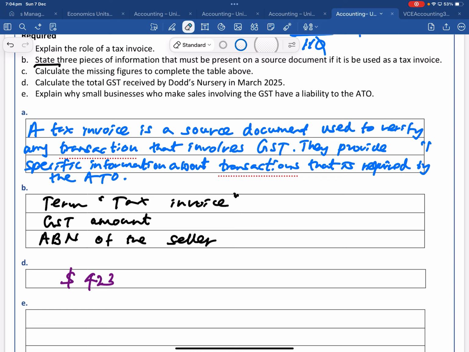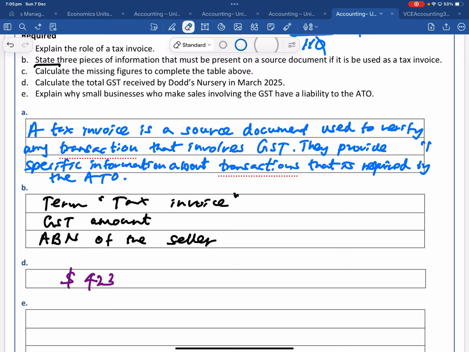than an obligation? When you make sales, you collect GST. So after the sales have happened, you have to pay GST. But for sales we collect GST, for expenses we pay GST.